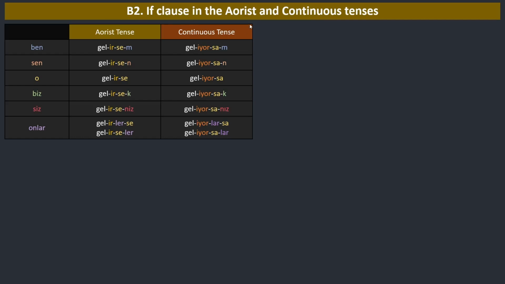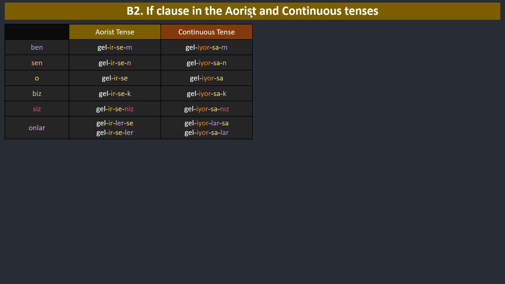But for those who don't know aorist and continuous, aorist is technically the general tense. Like when you say I eat, you will use this. Like I eat eggs in the morning. Sabah kahvaltıda yumurta yerim. And continuous tense, as the name suggests, is for progressive actions. Like right now, I am eating eggs. Şu an yumurta yiyorum.